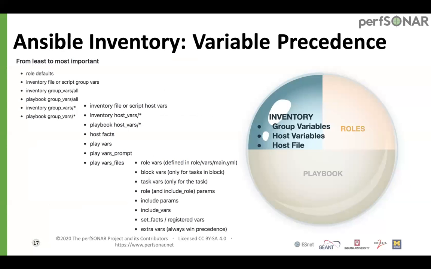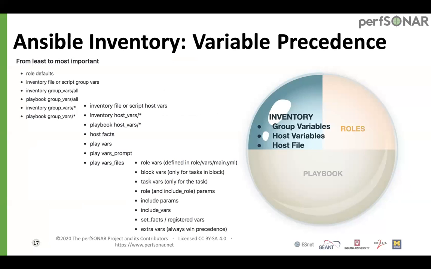So there's variable precedence. When you define an action you want, the less specific area that you define it in has the least precedence. So you can have a group variable which is overridden by a host variable.